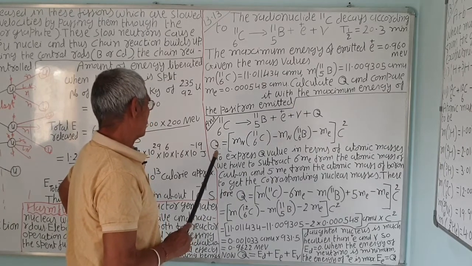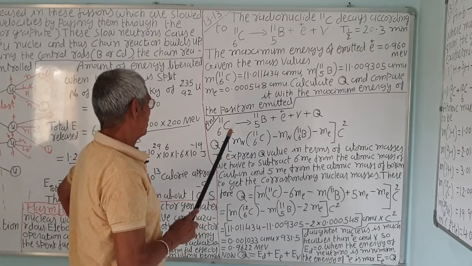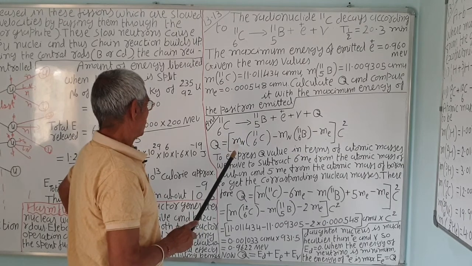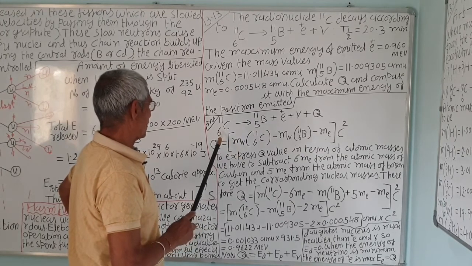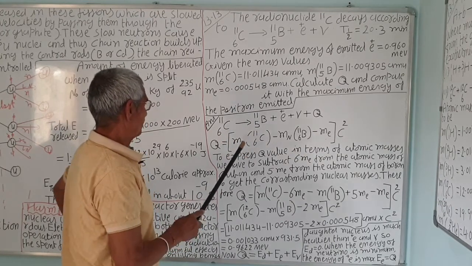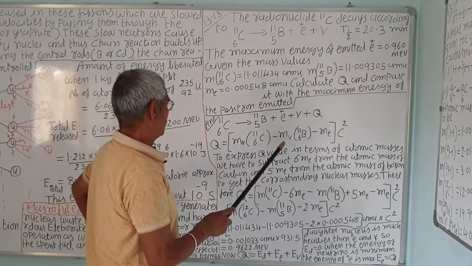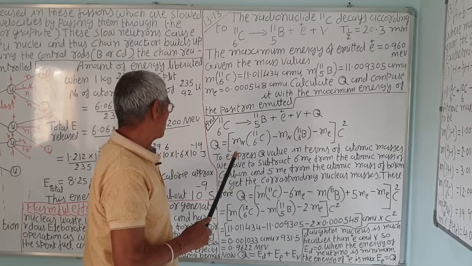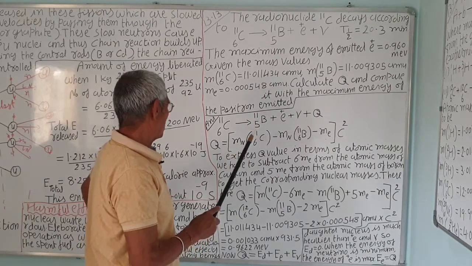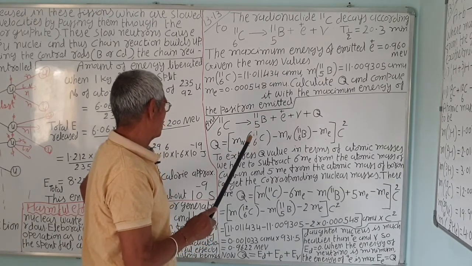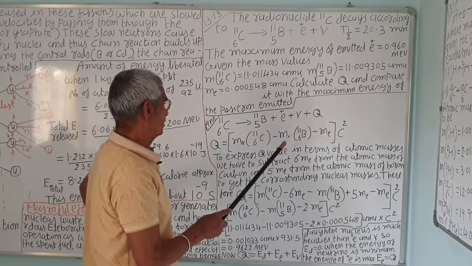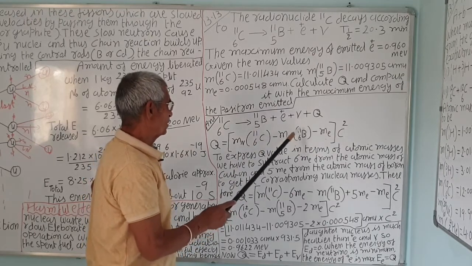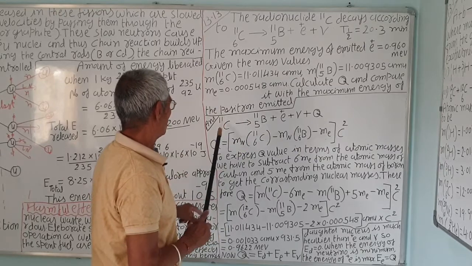The Q is equal to the mass difference, correct? The mass difference is the mass of the carbon nucleus minus the mass of the boron nucleus. Here capital N is for nucleus, not neutron.